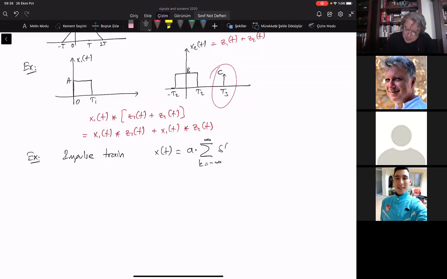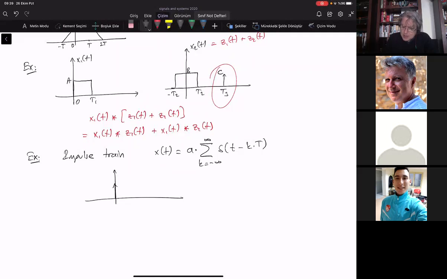Delta, in parentheses, t minus k times capital T. Now, this is a very typical way of writing something as a combination of infinitely many impulses. What is the separation of each individual impulse? For example, for k is equal to 0, delta of t minus k times capital T will be delta of t, which will be this impulse, right?